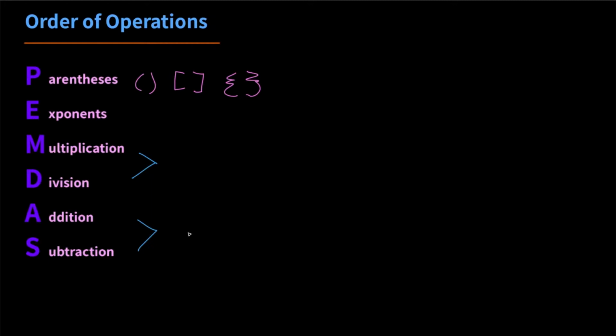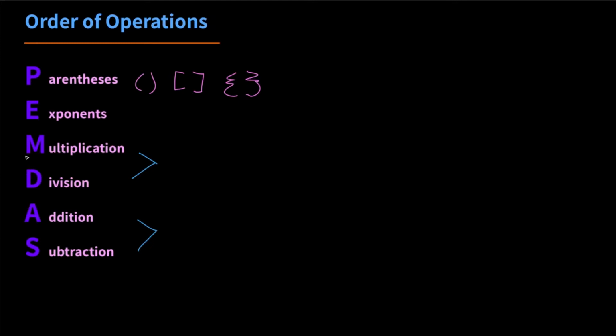That's really a lot to remember, but there's a popular saying that helps us remember the order. If we take the letter from each word, we can use it to create a sentence. Please excuse my dear Aunt Sally. This is known as PEMDAS.